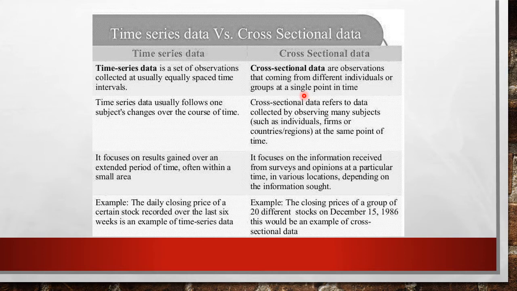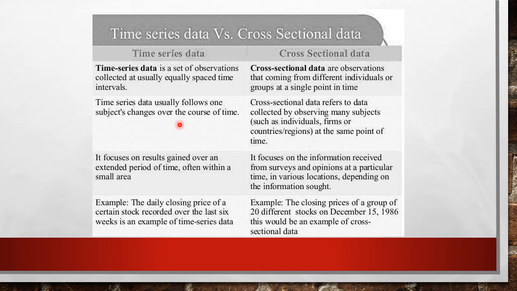That's what I explained through the last two slides. Time series data usually follows one object as it changes over the course of time. Cross-sectional data refers to data collected by observing many objects, such as individuals, firms or countries, at the same point of time.